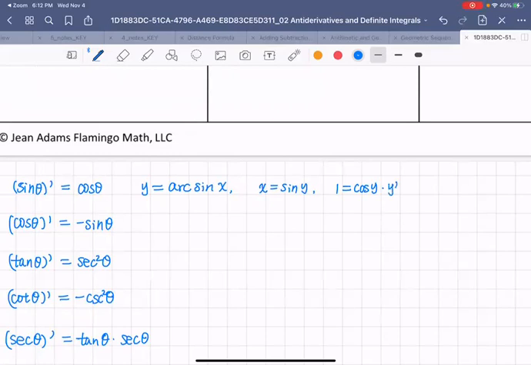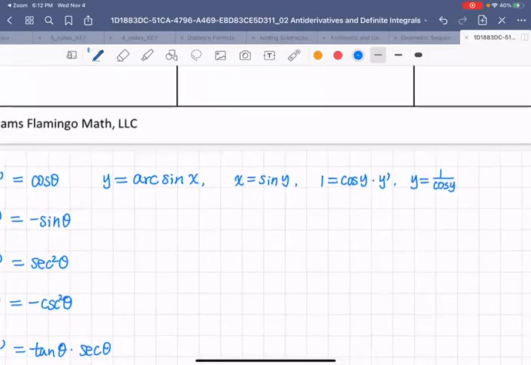So y prime equals 1 over cosine y. Now, x equals sine y. Cosine y should equal how much? You remember the trigonometry identities.